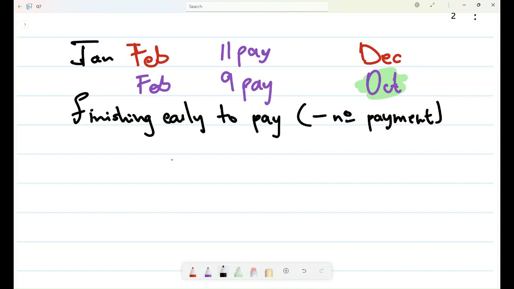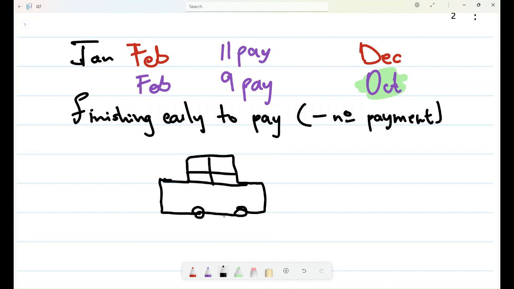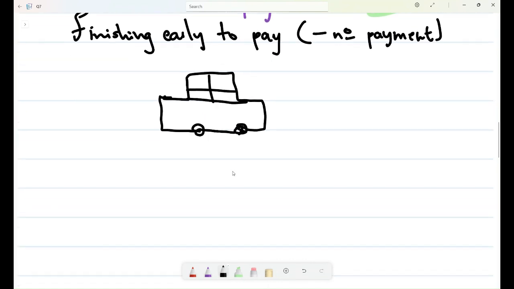But now, in a real-life scenario, when you want to purchase a Mini Cooper, you purchase a Mini Cooper today, and you are supposed to take 5 years to pay, and it is compounded monthly.